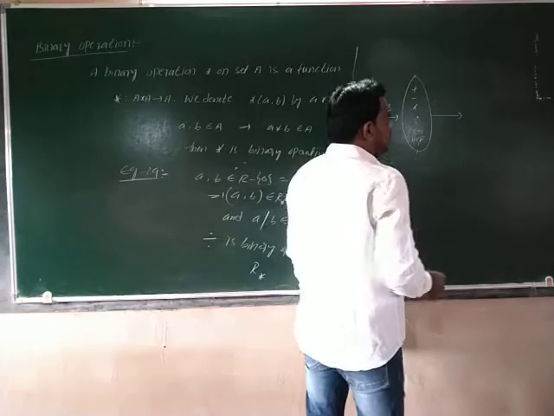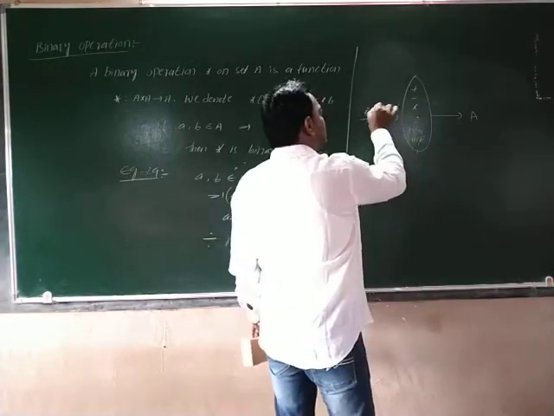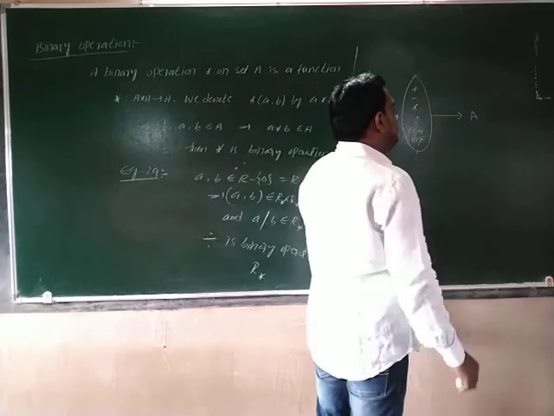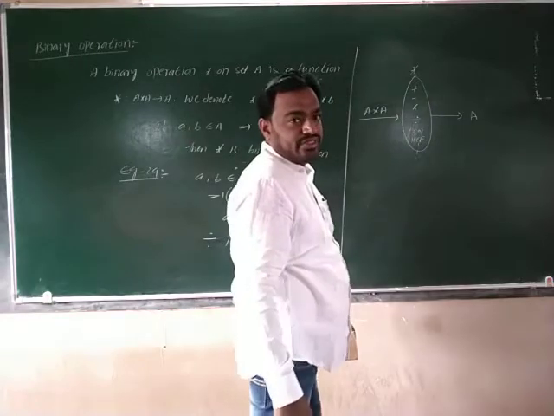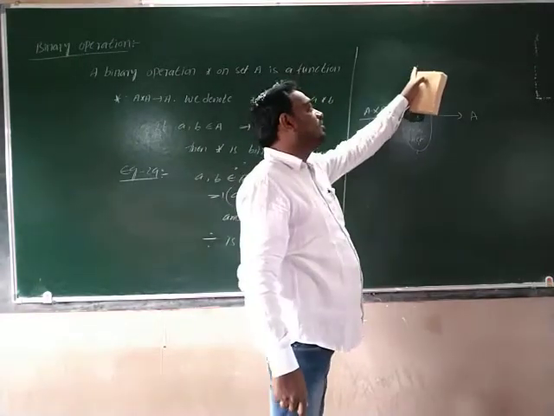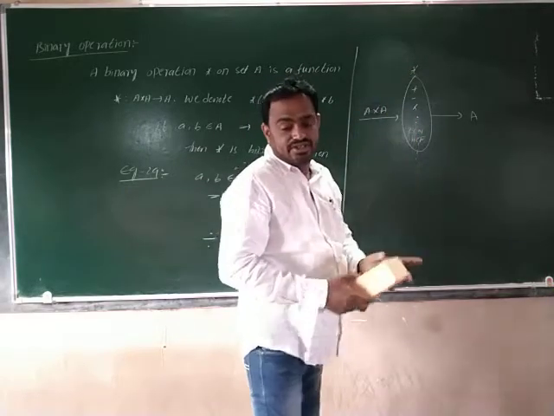The output we get belongs to A, and then this binary operation is a function. Understood?